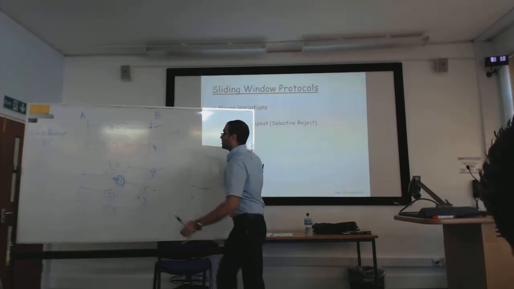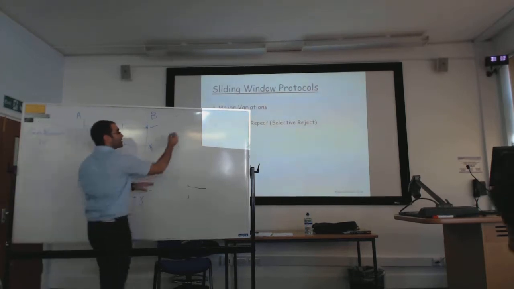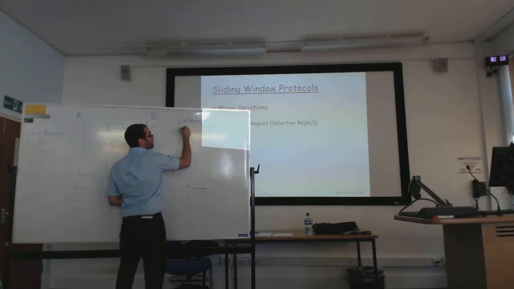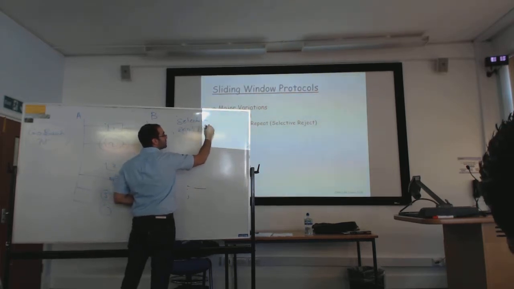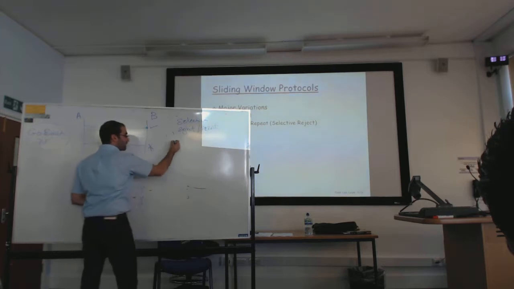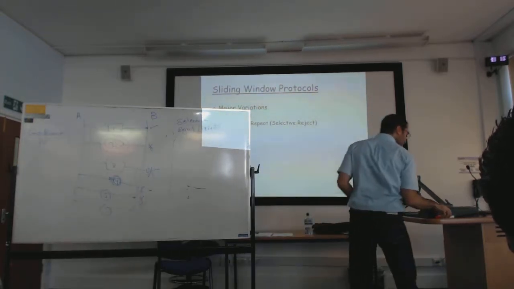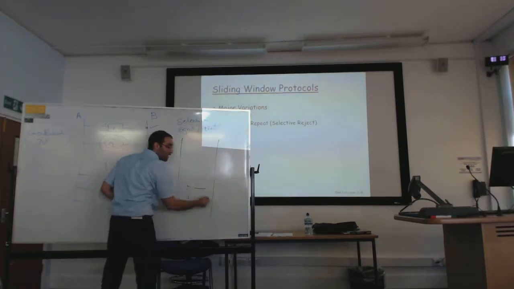Same example, but instead of using go back N, I'm using selective reject or repeat. Same thing. A and B trying to communicate.